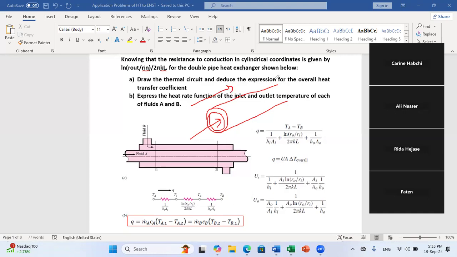And we can have several scenarios. We can have parallel flow or counter flow. So from the design consideration, we can decide, depending on what we need, what is the best configuration to use.